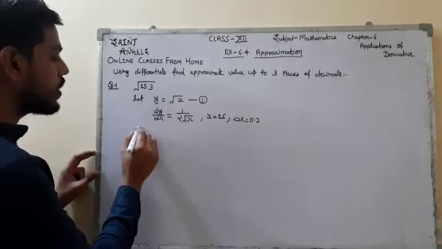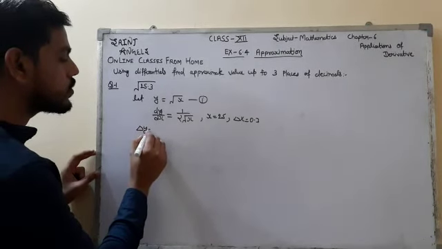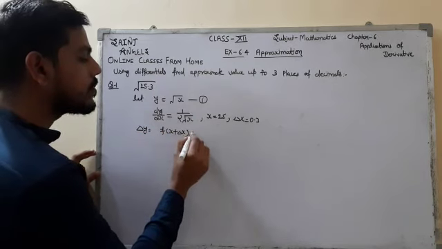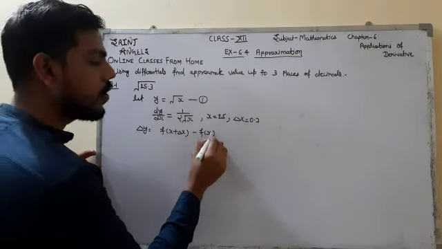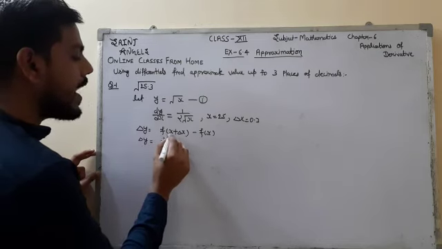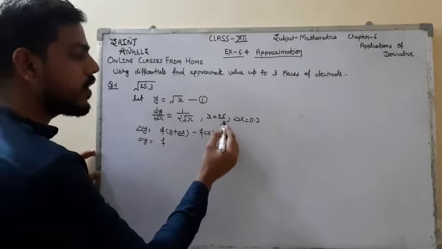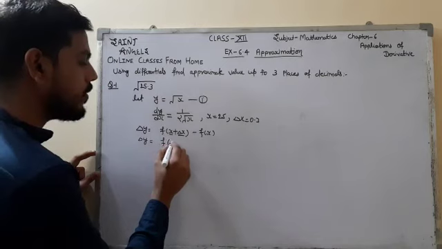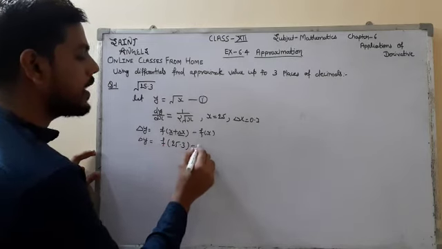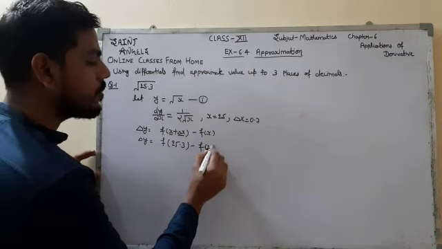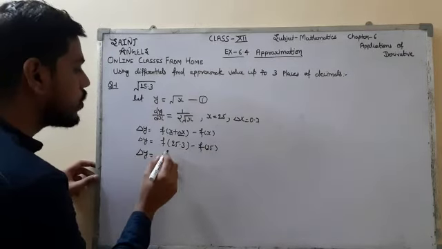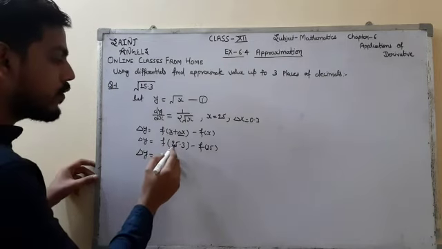Okay, so what was the next step? We know that delta y equals f(x plus delta x) minus f(x). So delta y equals f(x plus delta x), which means 25 plus 0.3, which means f(25.3) minus f(25). Okay students. Now what would be the value of f(25.3)?